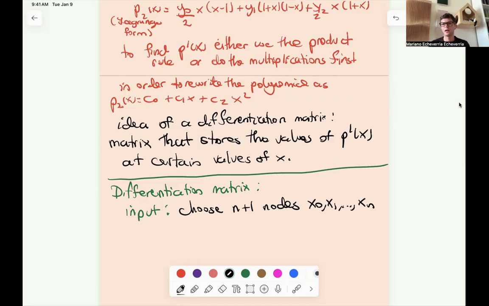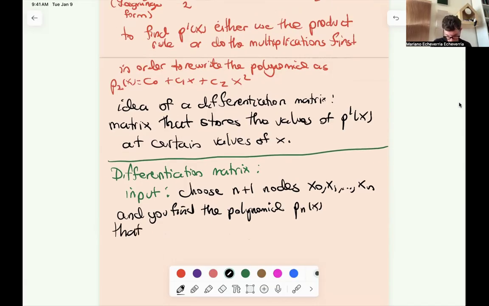And you find the polynomial of degree n, as always, that passes through these nodes and certain y values: x0 y0, x1 y1, up to xn yn.